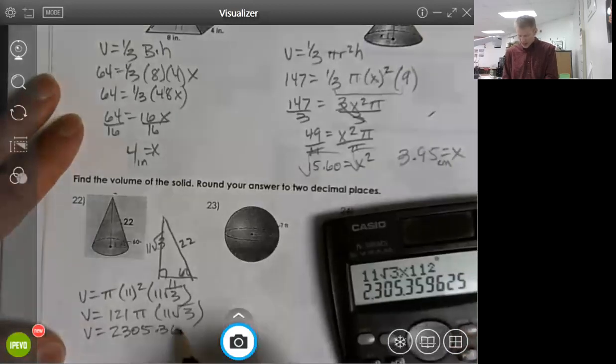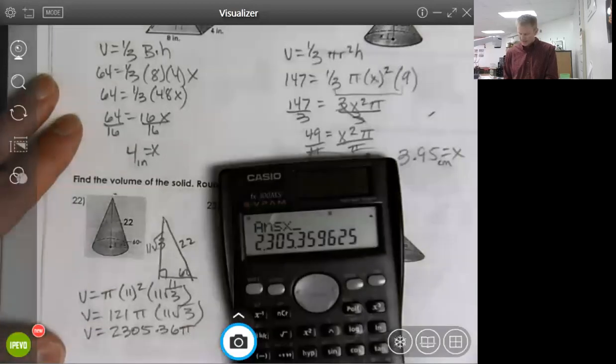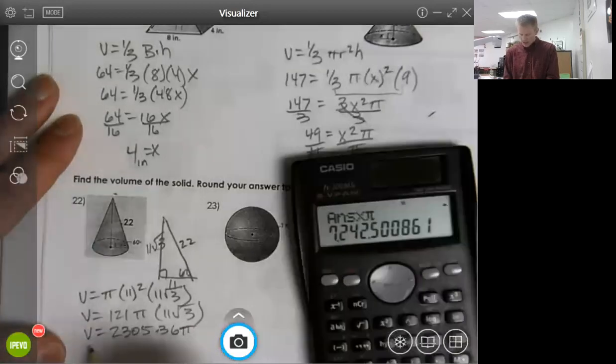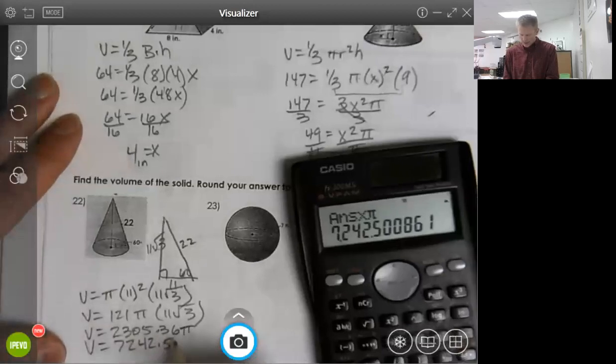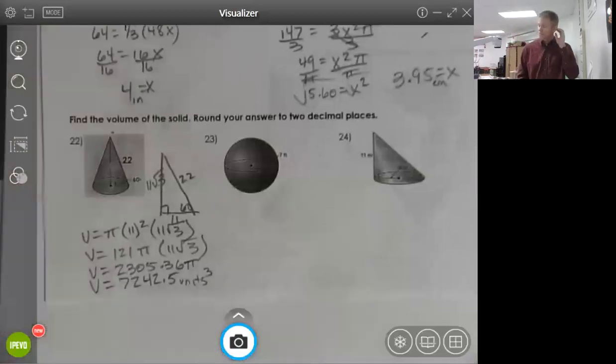And that would be without using the pi yet. So then we have to times that by pi, I believe. So actually we get 7,242.5. That came out not so bad. Units cubed. Remember, volume is cubed units.